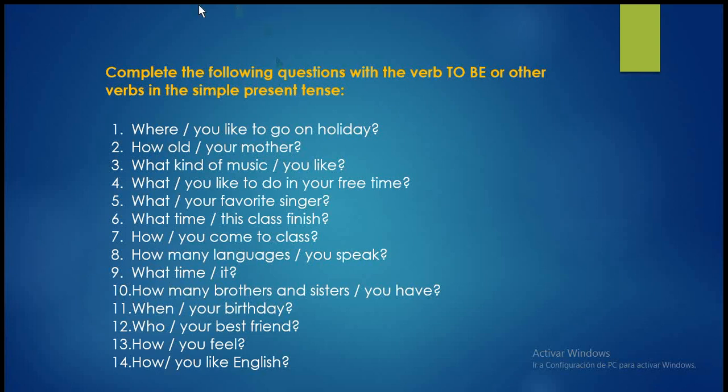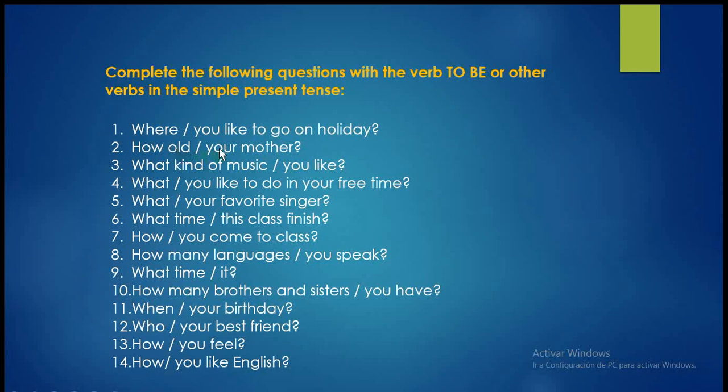Okay, here we have a verb, like. So we need an auxiliary verb, do or does. We have you, and with you we need do. Where do you like to go on holiday? In the second sentence, do you have a verb? No verb. I cannot see any verb.